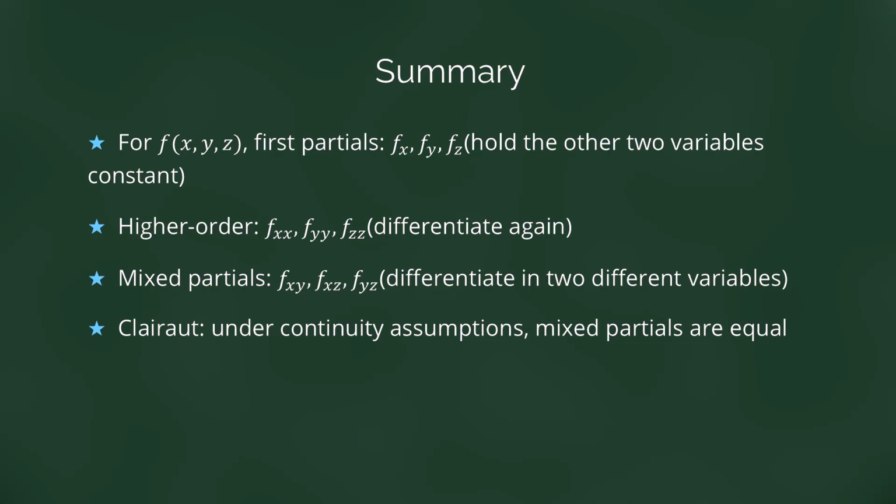So we can differentiate again, both with respect to the term we started with, and we can also mix them up and differentiate in 2 or more variables. And Clairaut's theorem tells us that if we have a function that is continuous over some area, then the mixed partials are going to be equal to each other regardless of the order in which we take their derivatives.